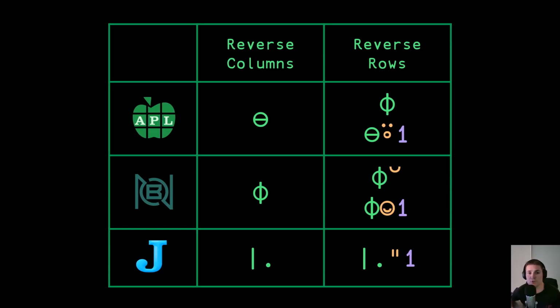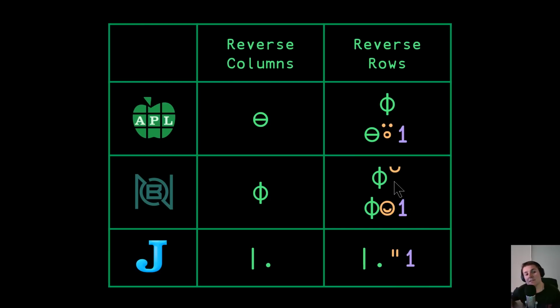So if you want to reverse the rows in APL, you can use the trailing axis function reverse, or you can use what's called the first axis reverse, or reverse first. And once you do that, you need to modify it to use rank 1. So you can see the 3 different symbols for rank. One looks like an emoji, the circle with the half circle inside of it, and then the double quote are all the rank operators in APL, BQN, and J respectively.